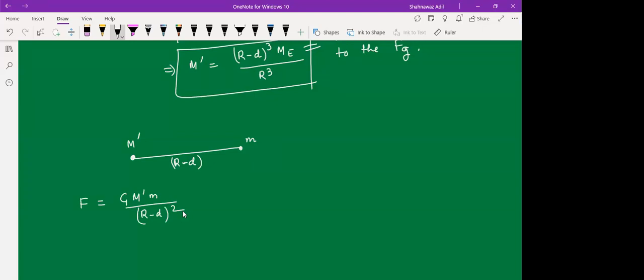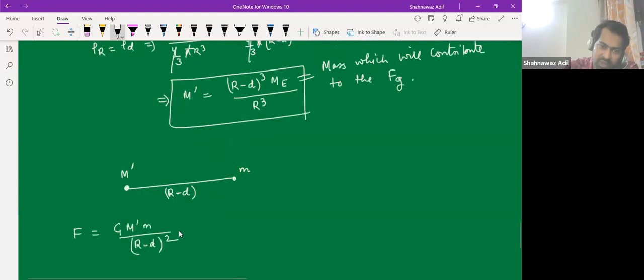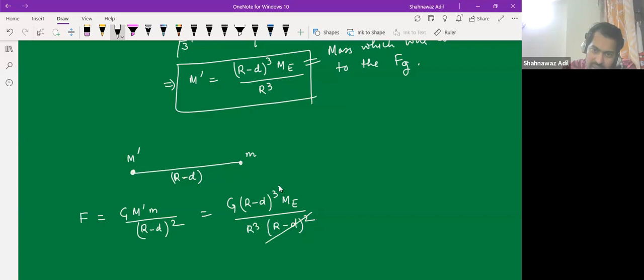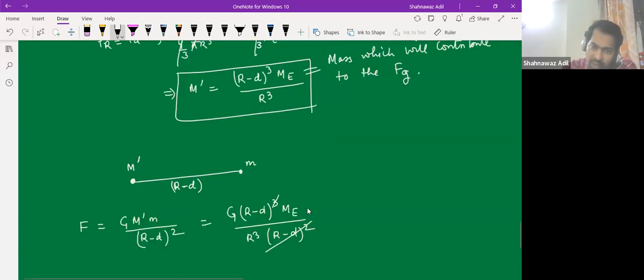Yes, sir. So now let us put in all the values. We can put the value of m prime from here: (R minus d) cube, mass of the earth, divided by R cube, and (R minus d) whole square. So this part and this cube will cancel, and we have this small m also.